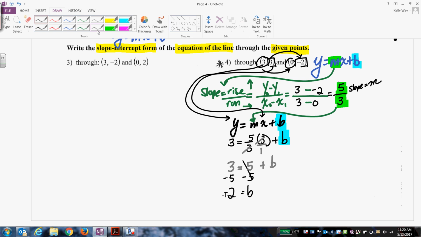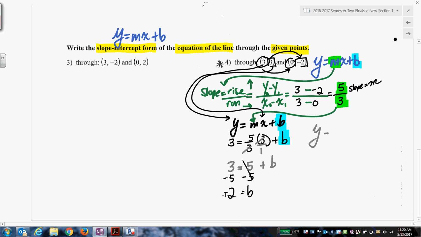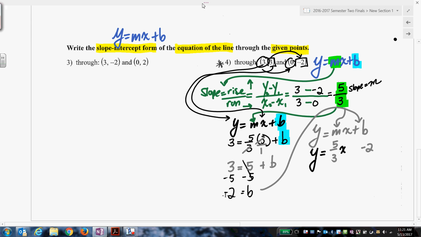Remember, the equation I'm working with is y equals mx plus b. Now we plug in our variables. That's 5/3. This b goes right there. That's negative 2. Bring everything down. We have y equals 5/3 x minus 2.